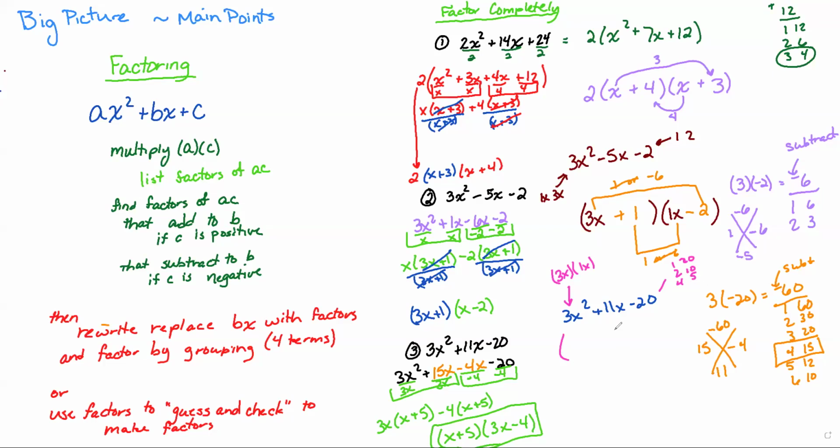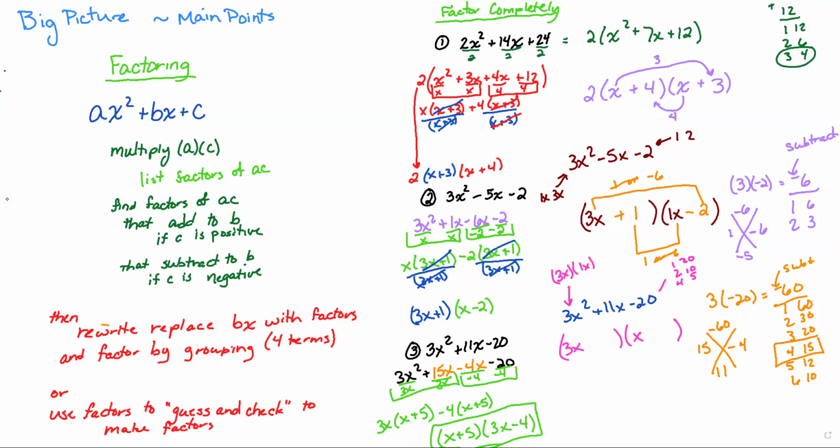So if I start my parentheses, the first term only has the one choice. So I'm going to put the 3x and the 1x, so I'm just going to call that x, or 1x.